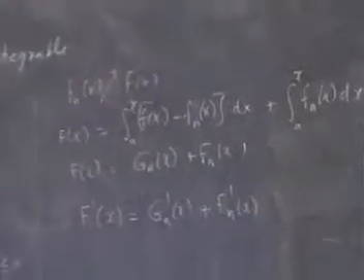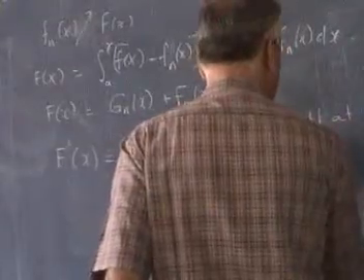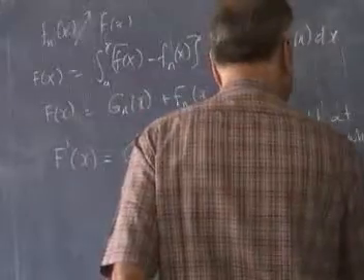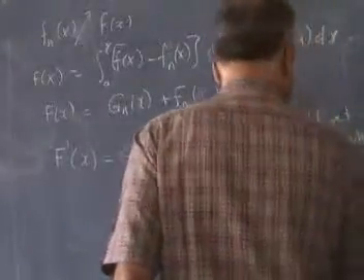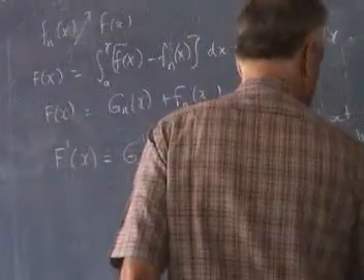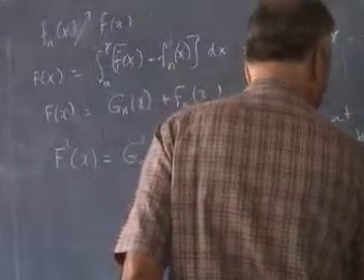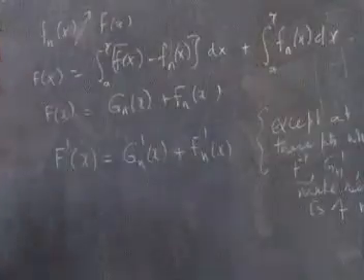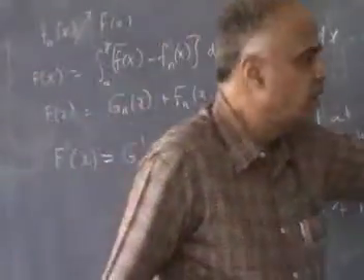Okay. So this holds except at those points where F prime, G_n prime, F_n prime don't make sense, and this is of measure 0. Now G_n prime is greater than or equal to 0.